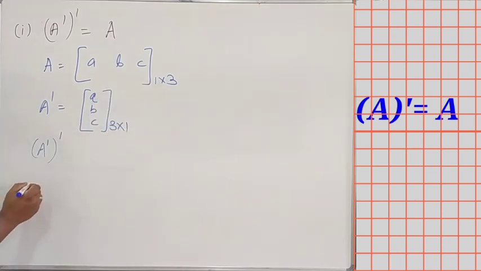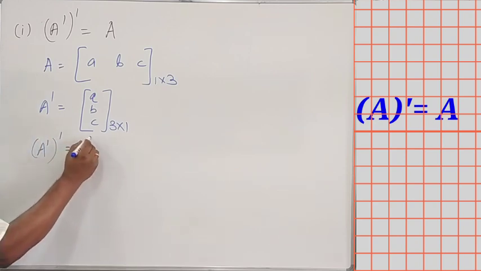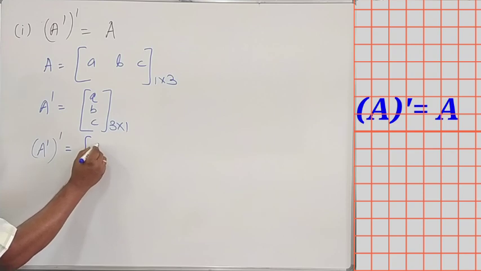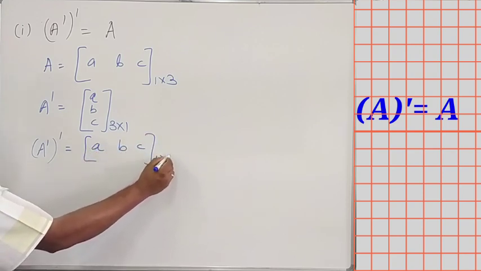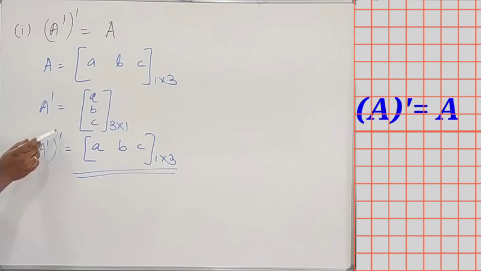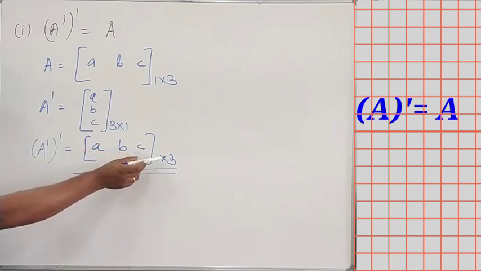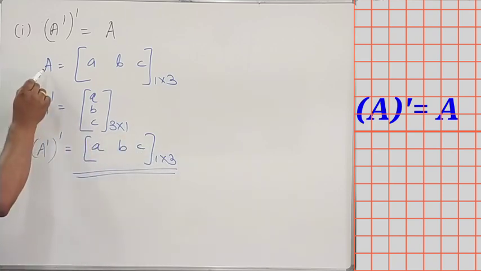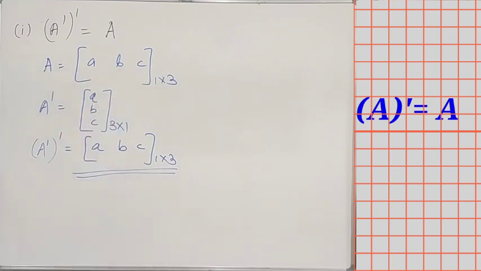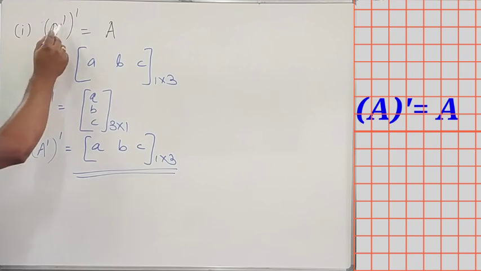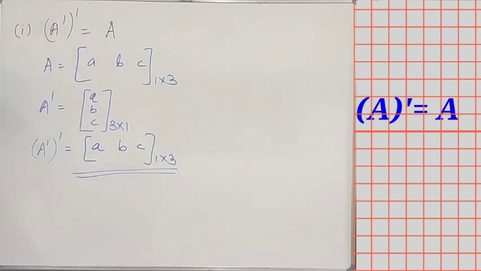We find the transpose of A transpose, that is written as A transpose whole transpose, and that is once again the row matrix a, b, c, that's of order 1 by 3. A transpose whole transpose is the matrix a, b, c, that is of order 1 by 3, and the given matrix A is also equal to a, b, c, that's of order 1 by 3. So therefore we write A transpose whole transpose is equal to A.